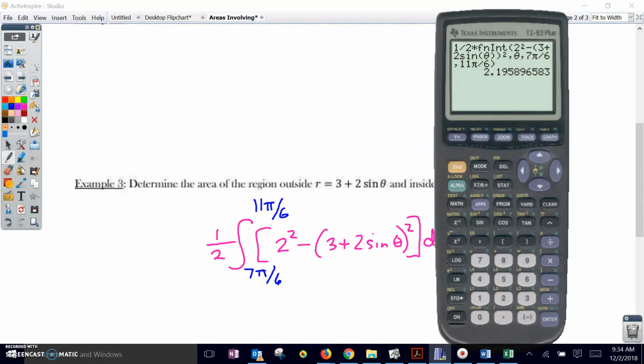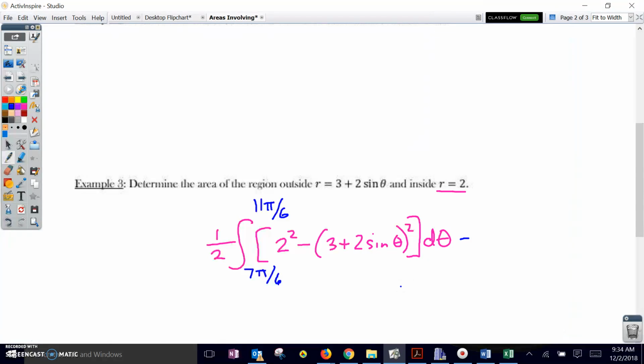And it says here that that area is 2.196. Alright, there's the area of the region outside the big circle and inside the small circle.